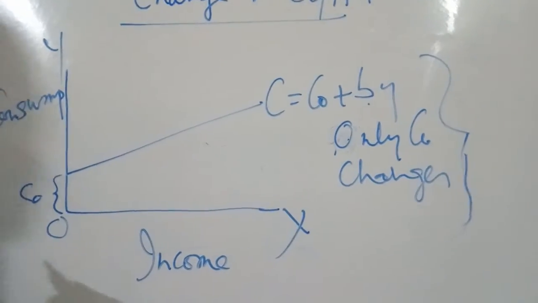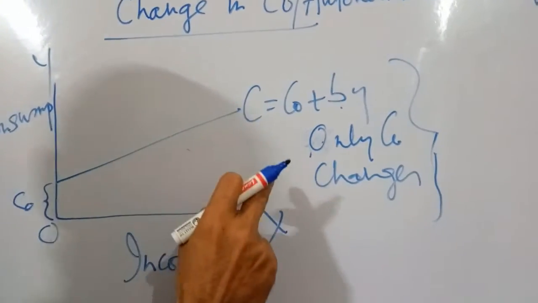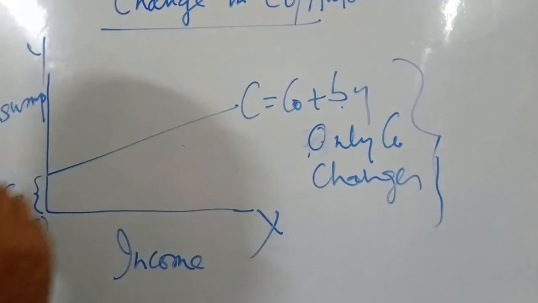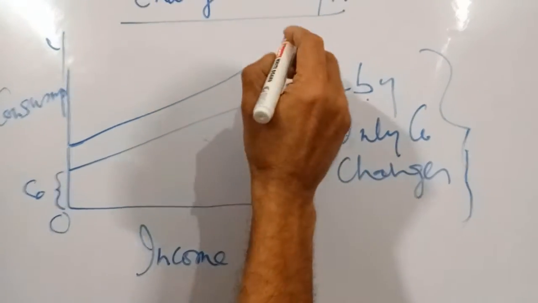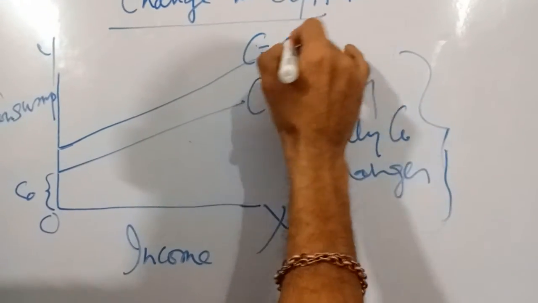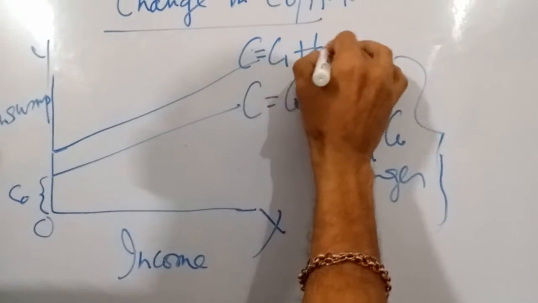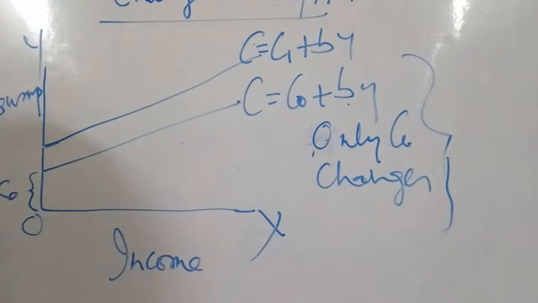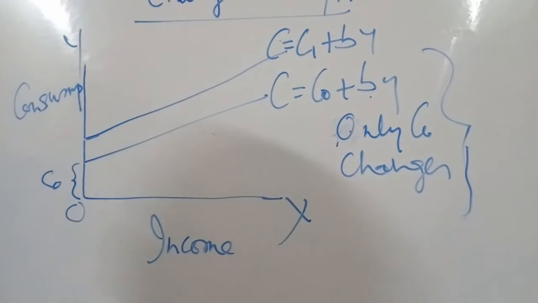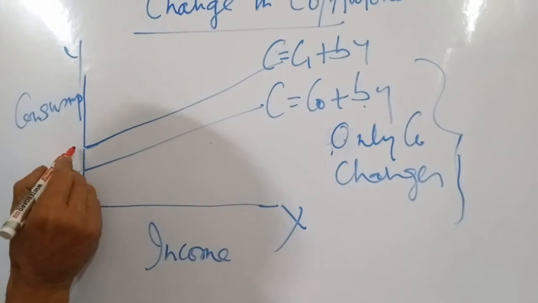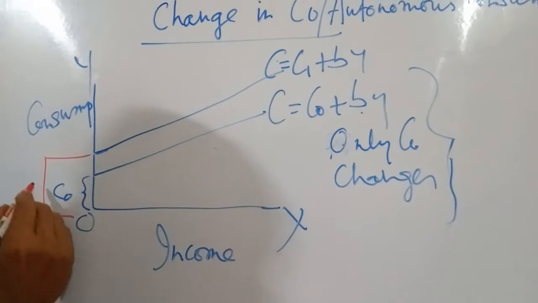In that case, suppose autonomous consumption increases to C1. So the consumption line will be C equals C1 plus BY. This is C1.